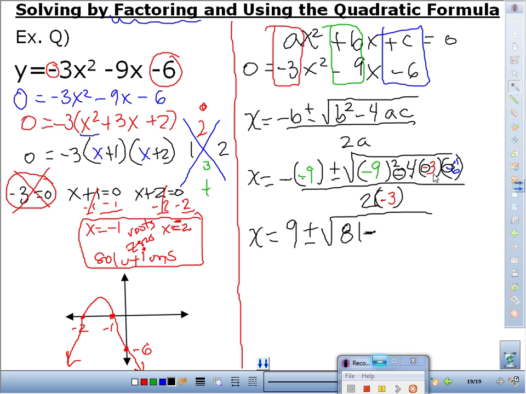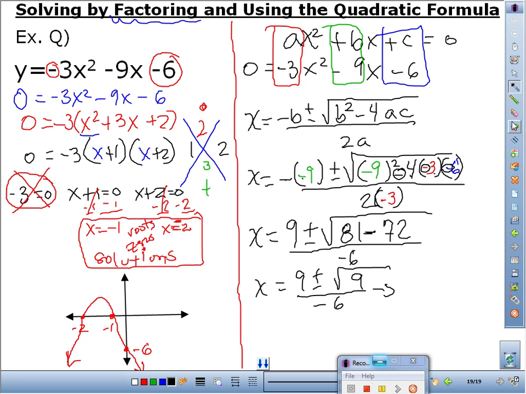So let's see. 4 times 3 times 6, 72. Over, what is 2 times -3? -6. And I'm still not done. Check this out. X equals 9 plus minus square root. I'm going to simplify this. What is 81 minus 72? 9 over -6. I'm going to simplify this. I'm going this way.